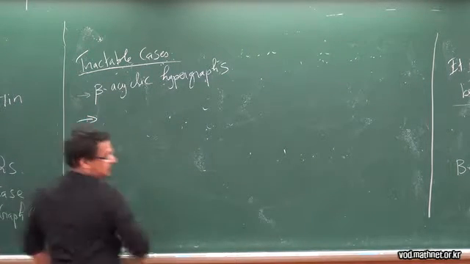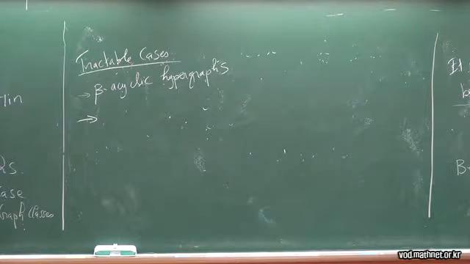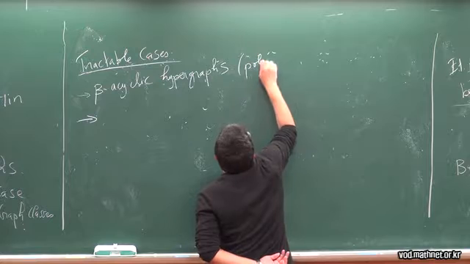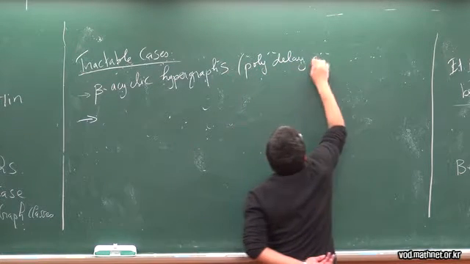So for beta acyclic hypergraphs, hypergraph dualization is tractable, and it is even polynomial delay. You have a polydelay algorithm.